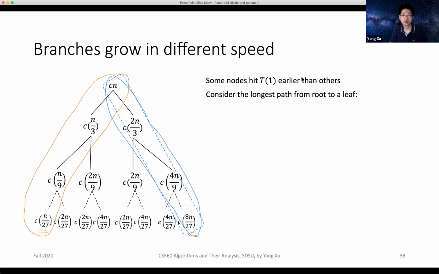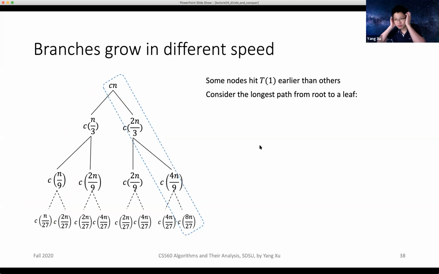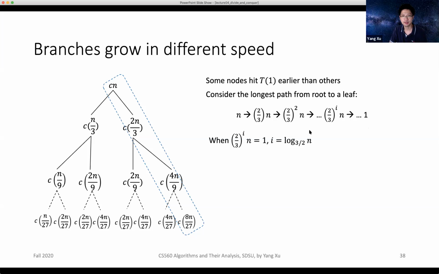For estimation, we use the longest path from the root to a leaf, which is in this rectangle on the right side. This is the longest path, okay? And we know that the values in the node decrease by a factor of 2/3, right? We use this as an estimation.